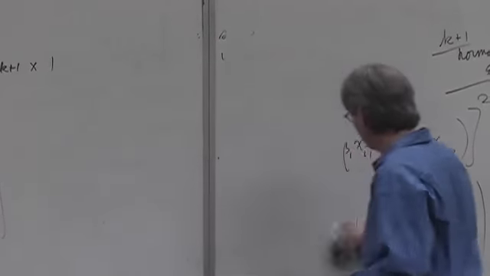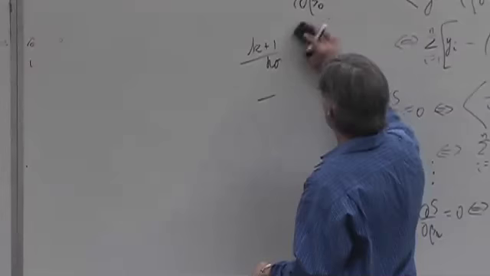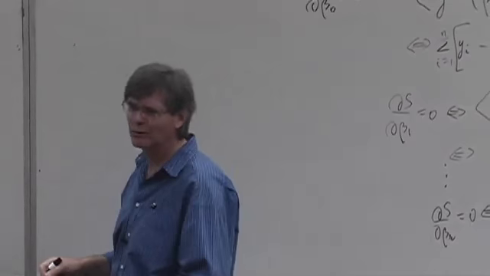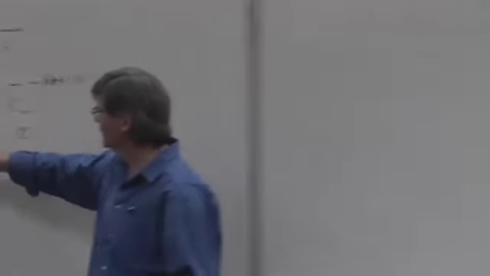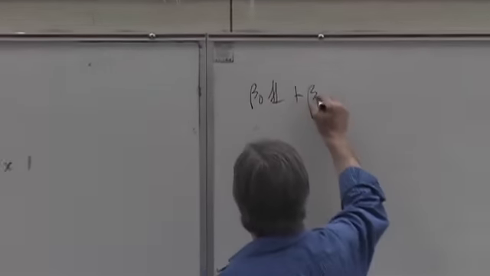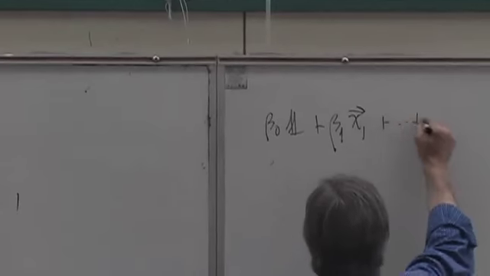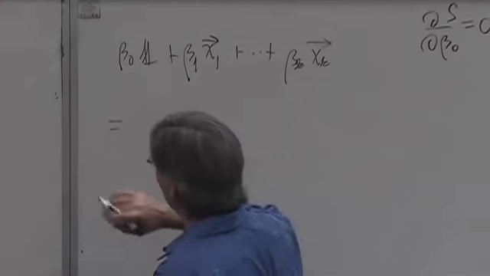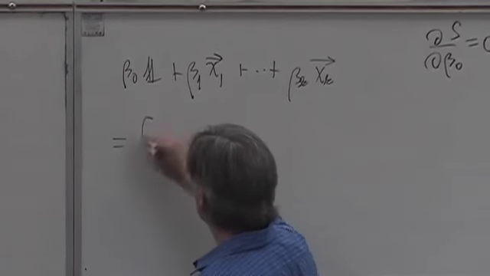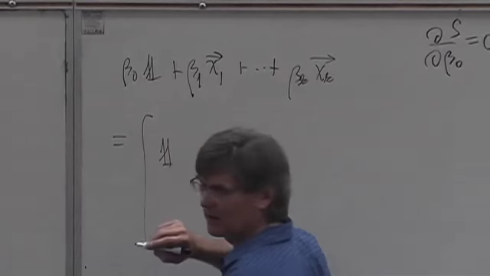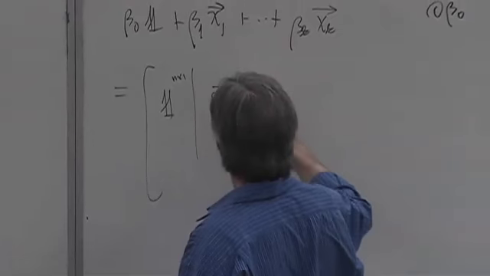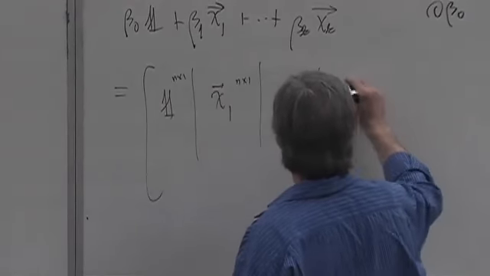Remember how that goes? That's the most basic thing you learn in Math 313, which is the first course in linear algebra. One of the most basic things that comes up over and over again. And that is that this linear combination is simply, so if you didn't learn it there, you'll certainly learn it here. This is simply the matrix which is the concatenation of the columns: 1, x1, each an n by 1 column, up to xk, n by 1.